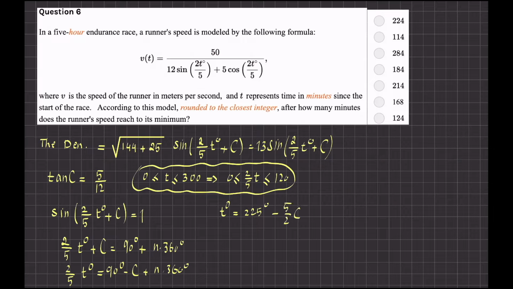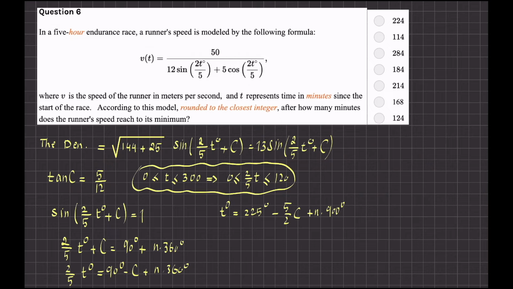If I multiply 360 degrees by 5 over 2, this one and that one cancel, 180 times 5, so it becomes 900 degrees. Yes, so it becomes plus n times 900 degrees. Okay, so this is the time that we eventually need to calculate.